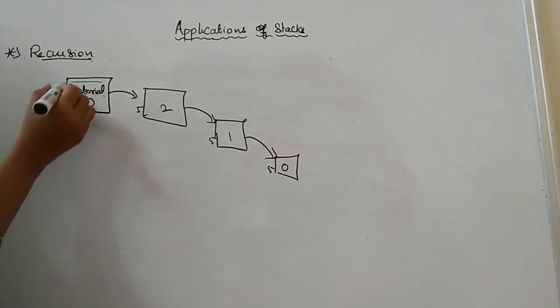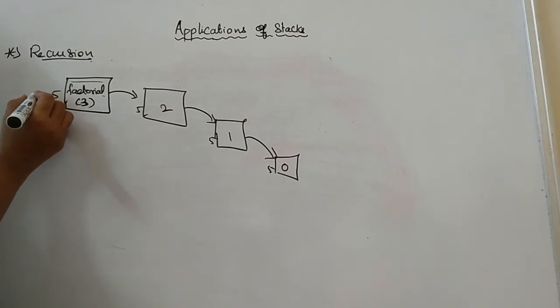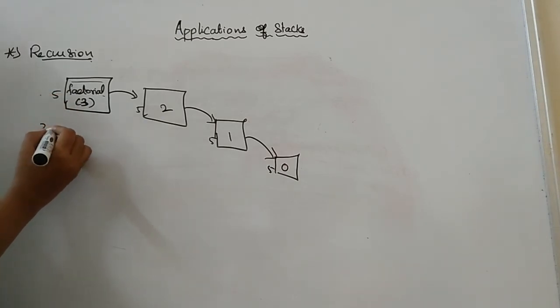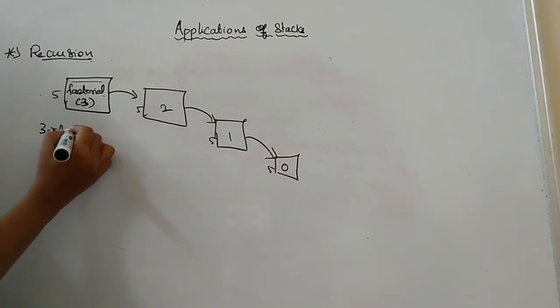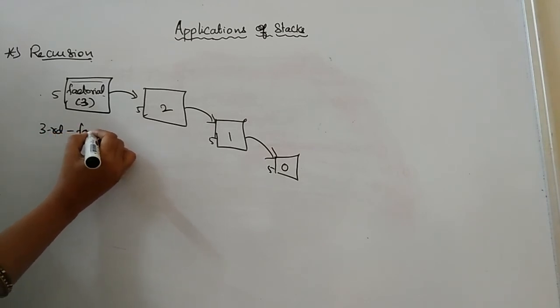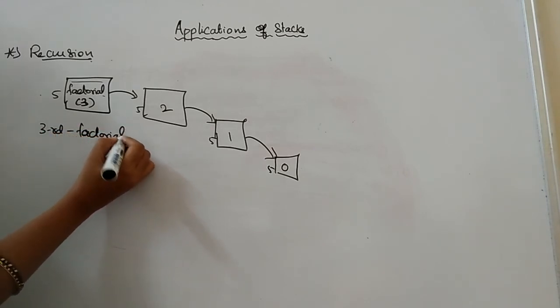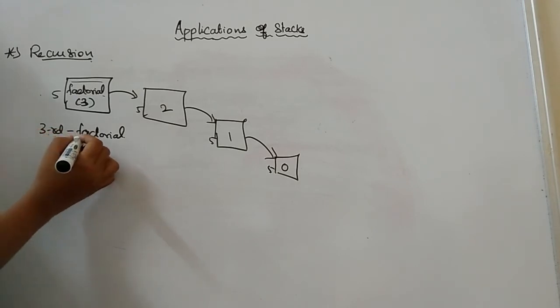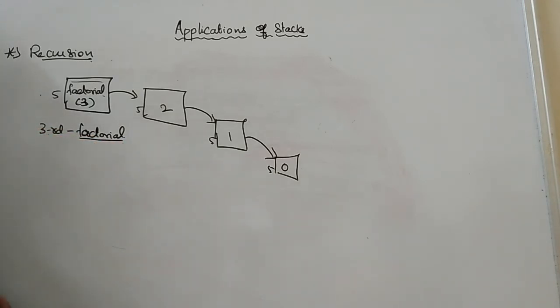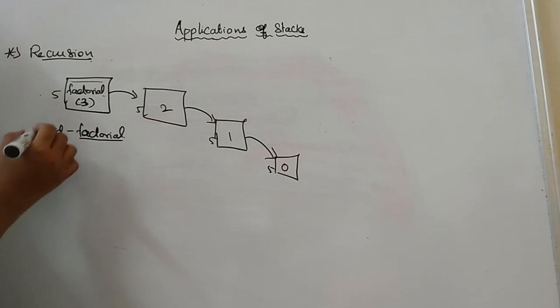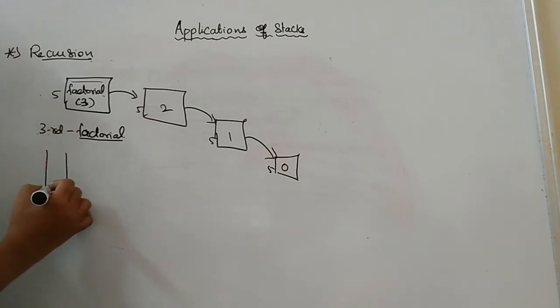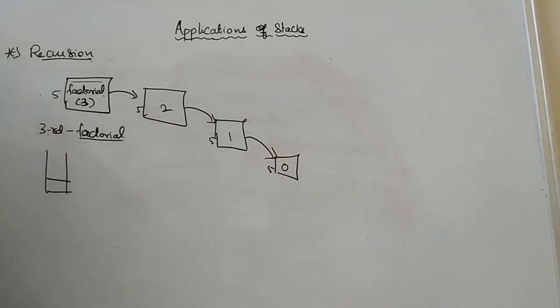In these 5 statements, in the third line, I am going to call the factorial function. The place where I am calling this factorial function, that location will get stored in the stack.